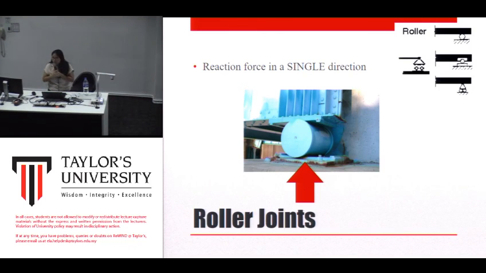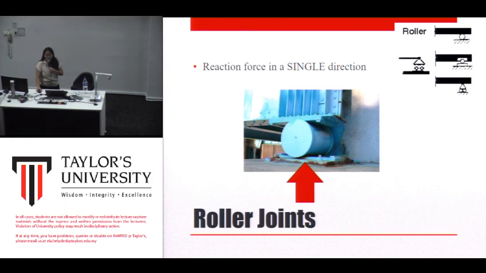So far so good? All these symbols indicate a roller support. So when you see a roller support, always remember there is only one reaction force, which is the vertical one. Of course, if you rotate it to be horizontal, then the reaction force will be in the horizontal direction. Alright? Okay, so this support cannot take moment.